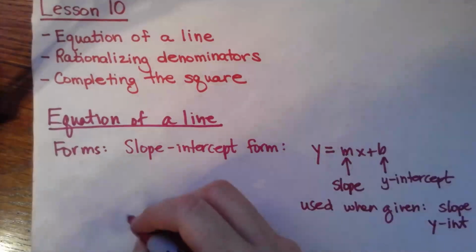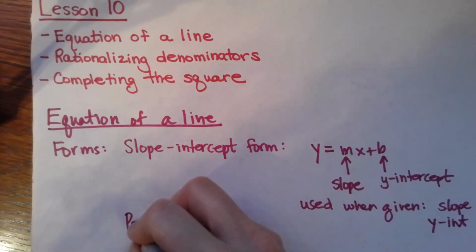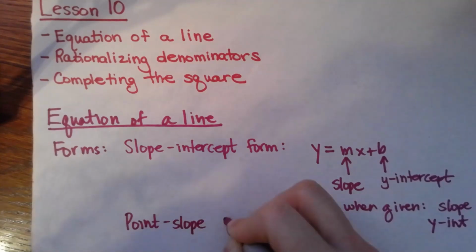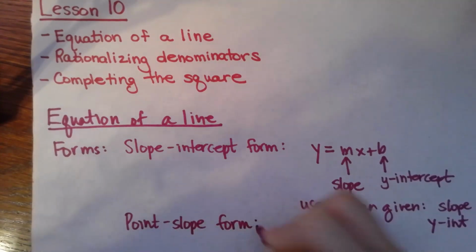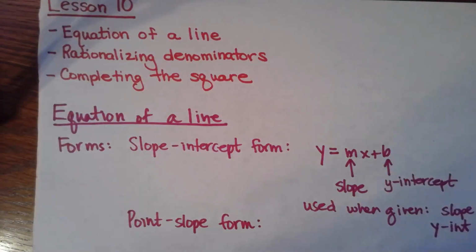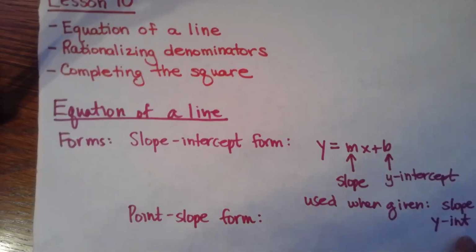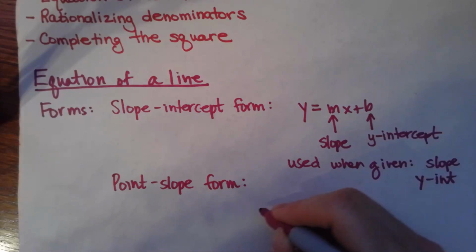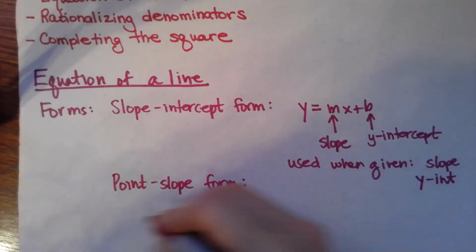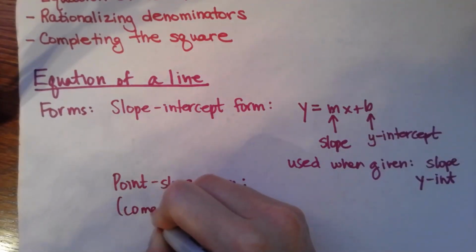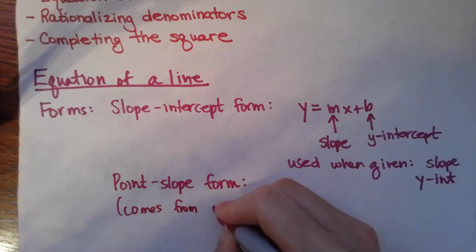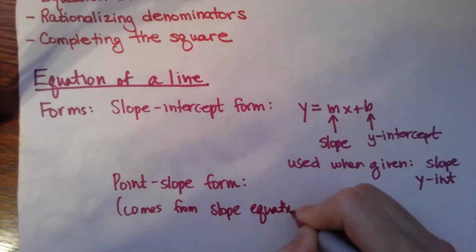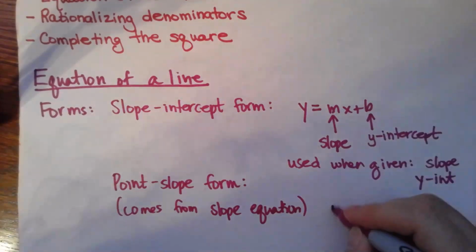The next form that we use regularly is called point slope. And this really comes from the equation for slope. So let's review that. So this comes from the slope equation.